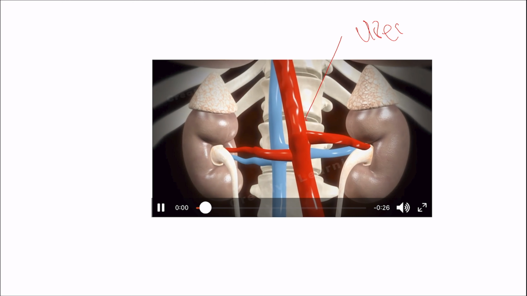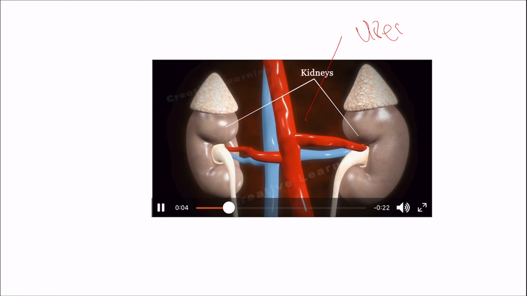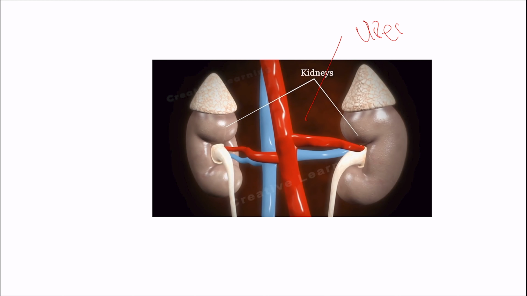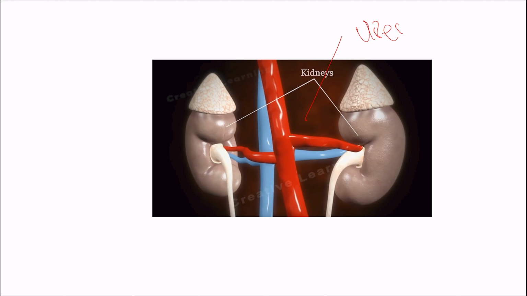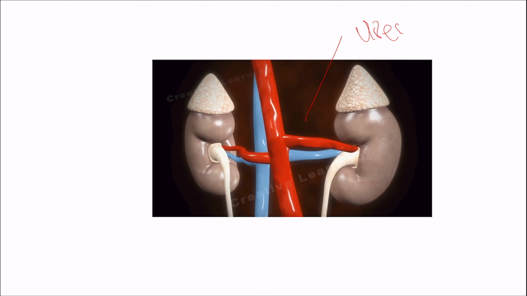Then we have two other vessels that are coming from the kidney. We have the renal vein, which is removing blood from the kidney. So the renal vein will have a low concentration of urea.